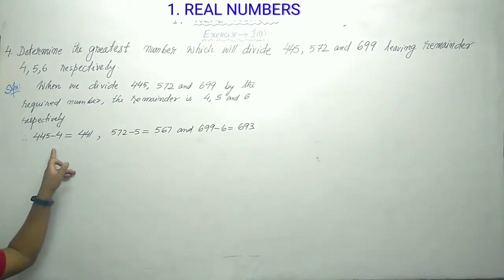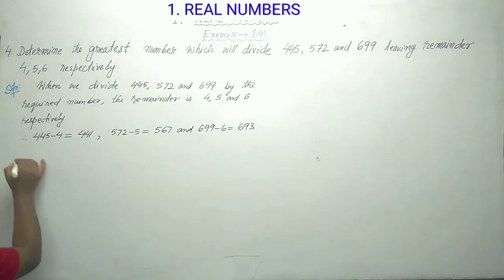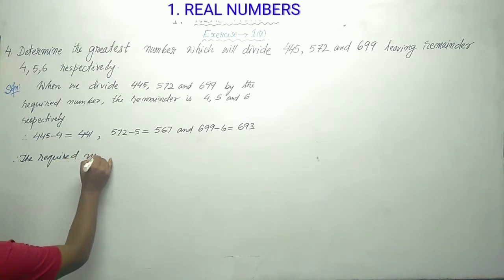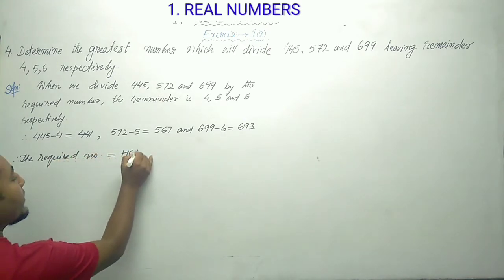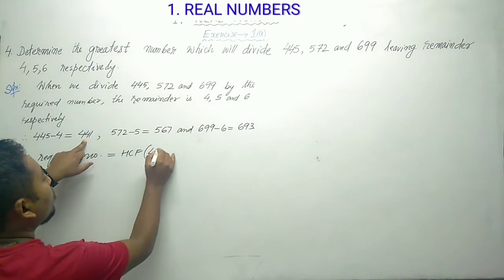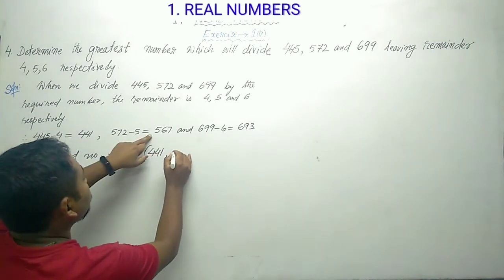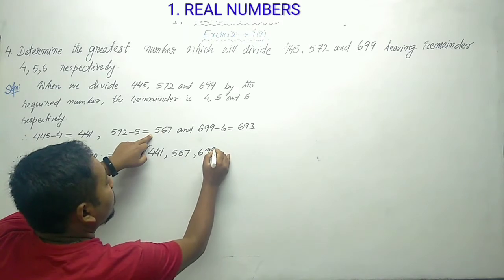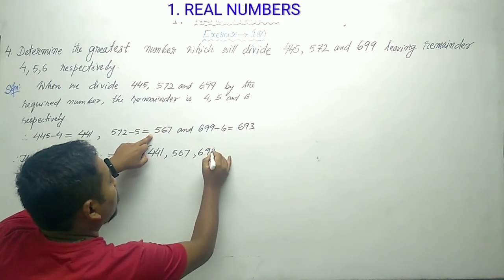Therefore, I am subtracting here 4, 5, 6. So therefore, the required number equals the HCF of 441, 567, 693.